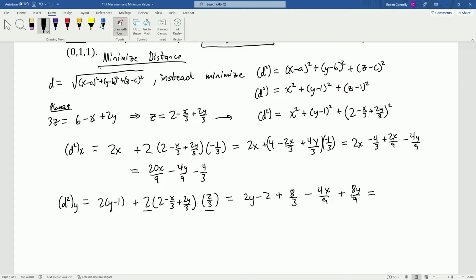Okay, so 2y plus 8y over 9 is going to give us 26y over 9. And then we've got negative 4x over 9. And then we've got 8/3 minus 2. So that's minus 6/3, so that leaves us with a positive 2/3.